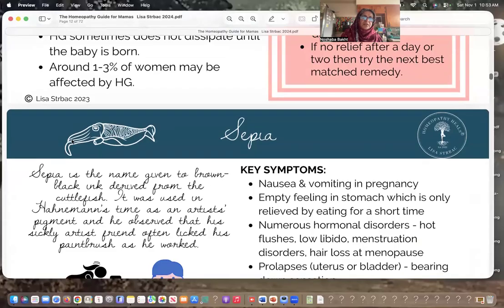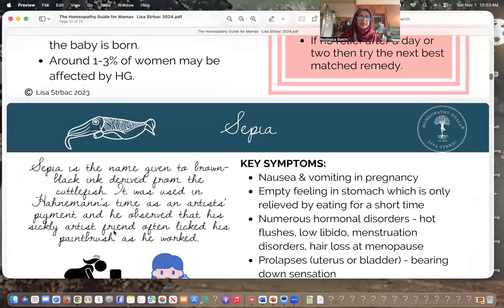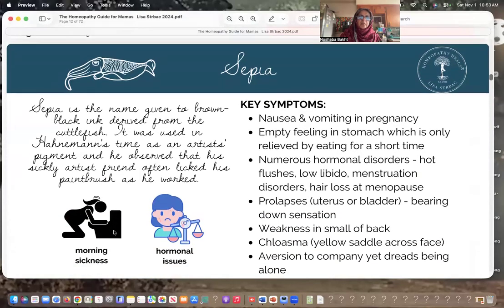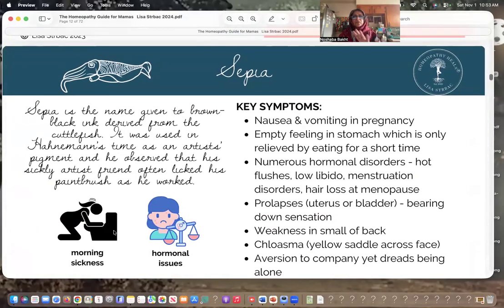If you look at this, this is a fish. This is the expression of a sepia, and that's how she has explained sepia. She's talking mostly about pregnancy. Most women have hormonal issues, right? Men do not have hormonal issues as compared to women, because we go through a hormonal cycle. First of all, every month, women have their menstrual cycle.